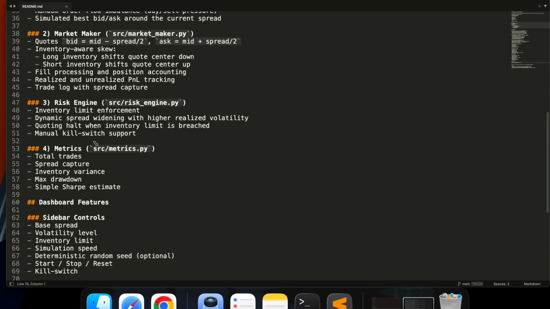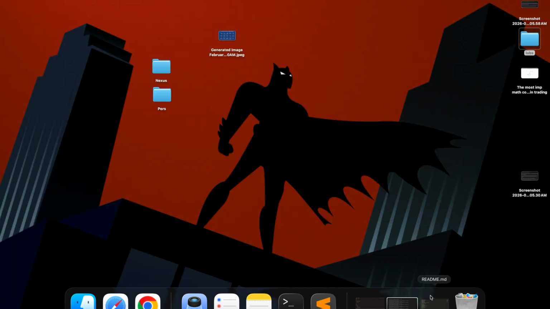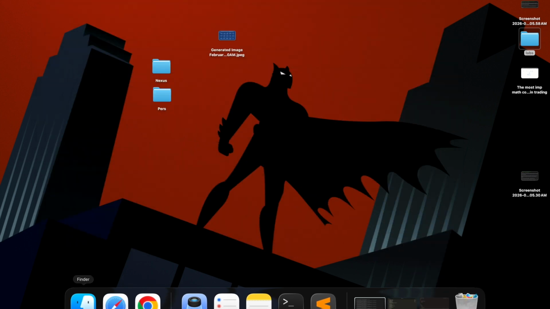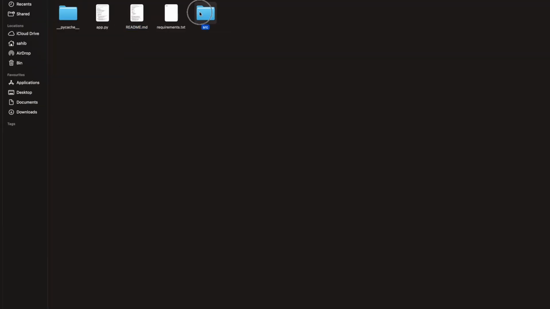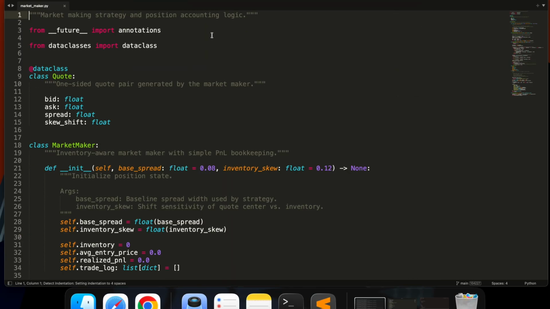So let me just go into the files as well. So we go into source, and then we, for example, see the market maker script.